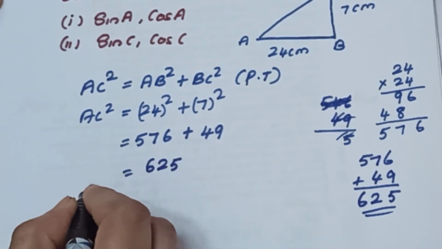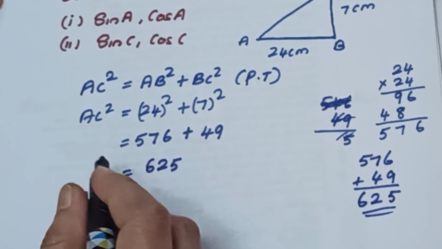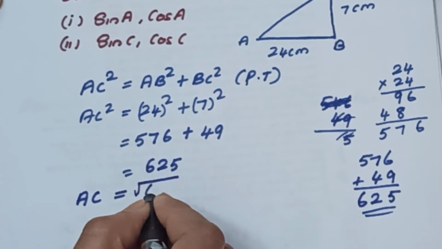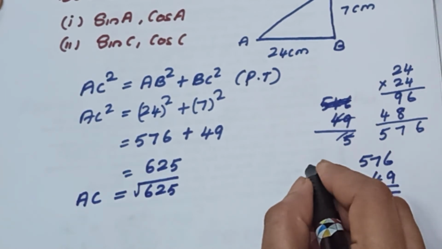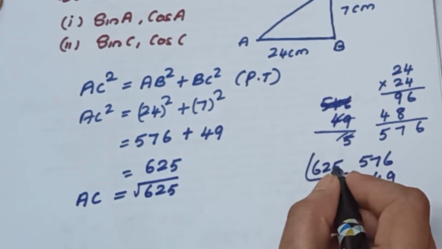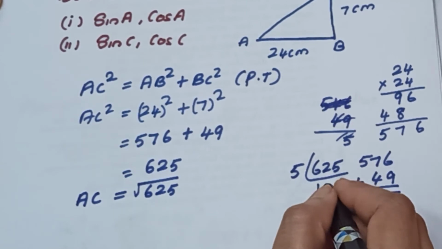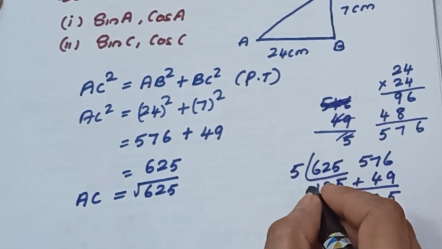Now we have AC square is equal to 625. That means AC is equal to, when the square goes to the right hand side, it will become root 625. Now we have to find out the root of 625. If you are taking 5, how many 5s are there in 6? 1. Then 12, how many 5s are there? 2. 25, 5 5s are 25, isn't it?